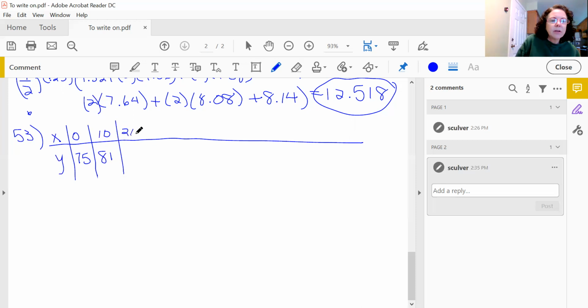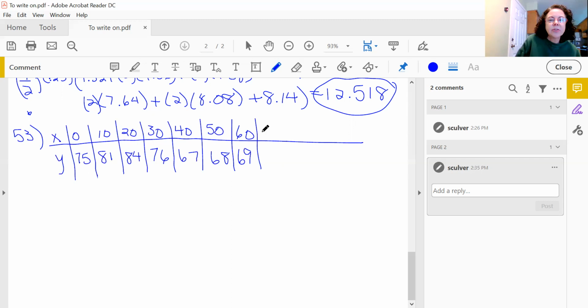20 was 84. As I'm filling this in, they're trying to estimate the square meters of land. Maybe they're putting it up for sale, or it's a new piece of land they're going to farm, and they're trying to figure out how much land they actually have, how much seed they have to buy, how many crops. And so every 10 meters, they walk out or use an instrument that measures the length of the land there.